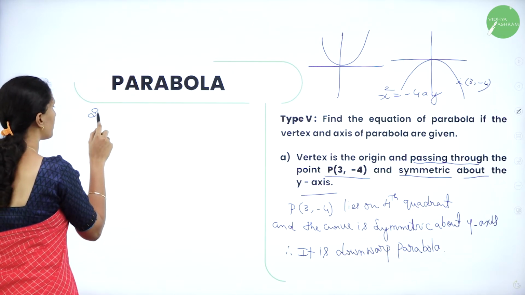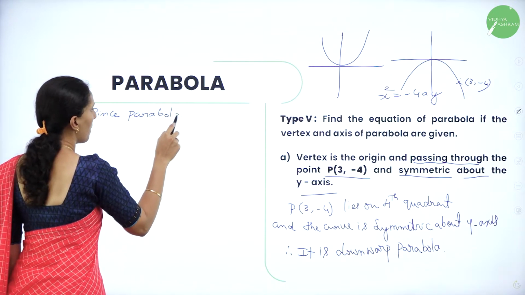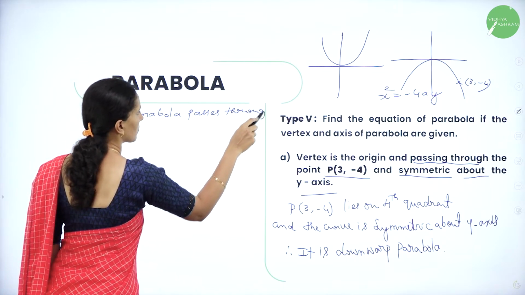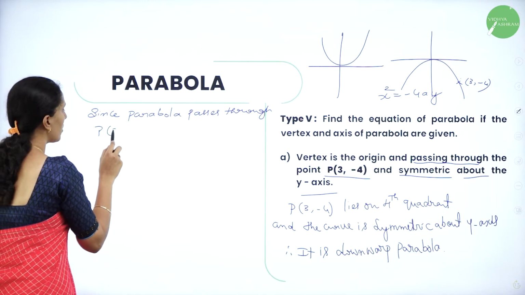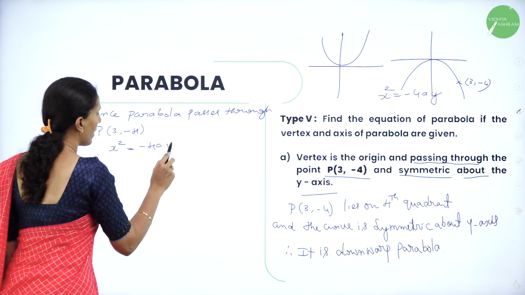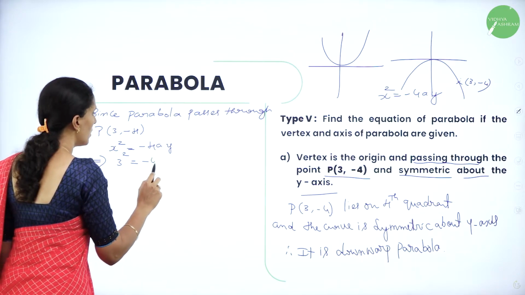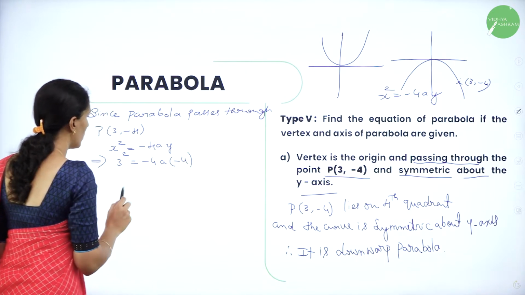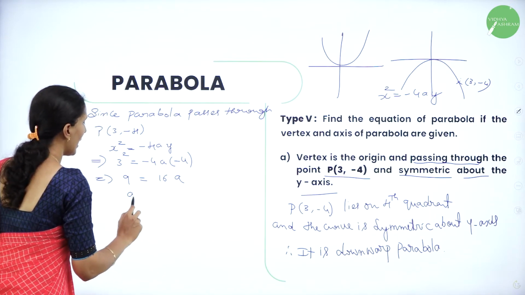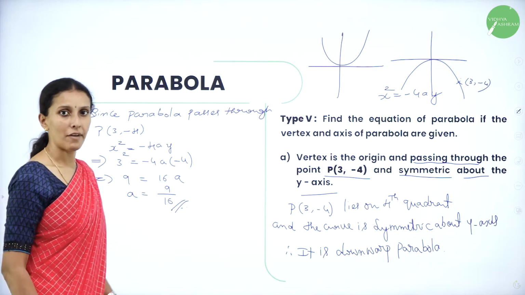So since the parabola passes through the point (3, minus 4), x square is equal to minus 4ay implies x can be taken as 3 square is equal to minus 4a into minus 4. So this implies 9 is equal to 16a. a is equal to 9 divided by 16. So this is the value of a now.